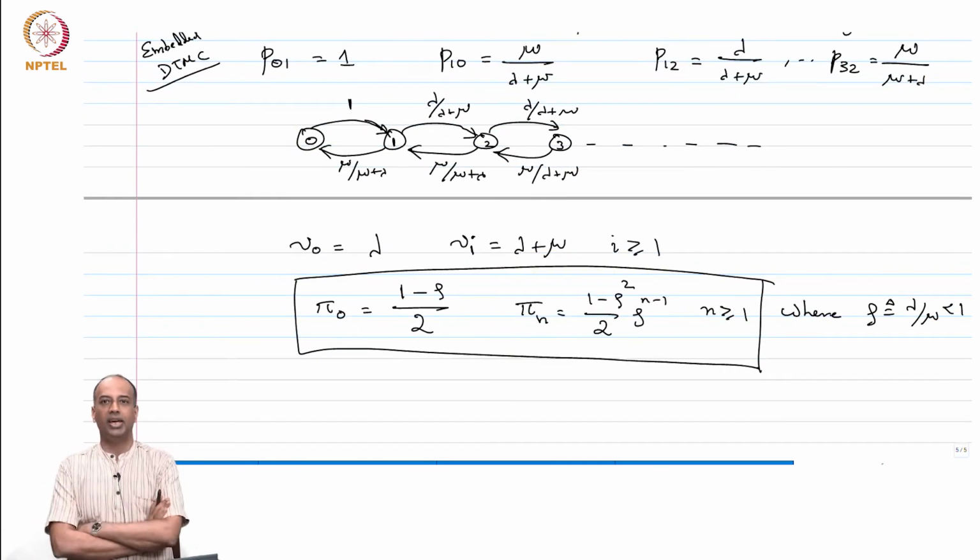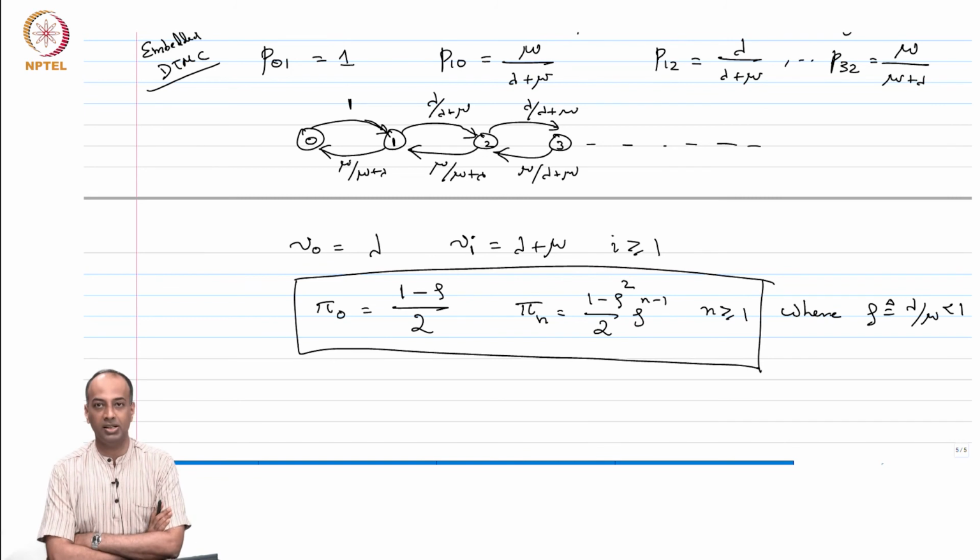Now, what does this pi n represent? In the discrete time Markov chain, of course, pi n is the steady state probability of being in state n, of there being n customers in the system. But in the continuous time Markov chain, this pi n does not represent the probability of there being n customers in the MM1 queue. This pi n represents the number of transitions going into state n.